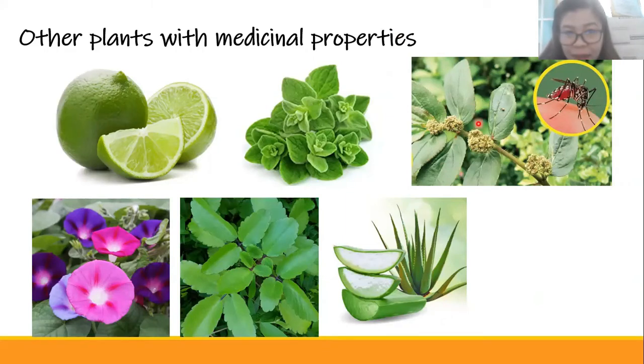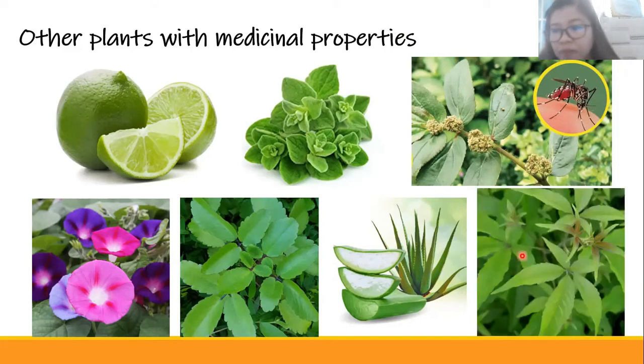It works. My cousin was in the hospital suffering from dengue, and his platelets were low, so they decided to let him drink the water after boiling the leaves. So far he's good, and now he's working, so I think it works.